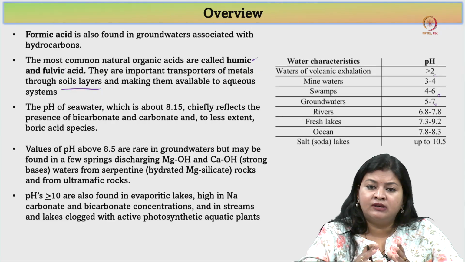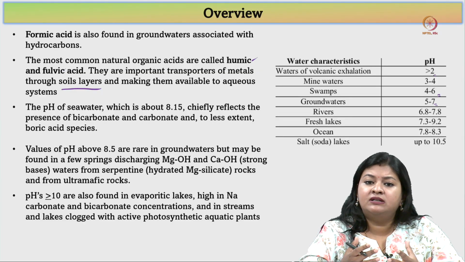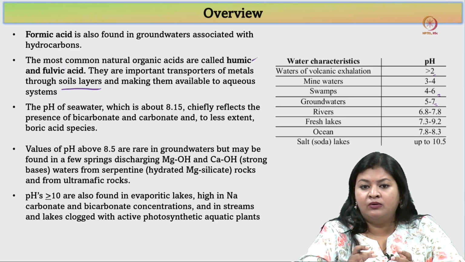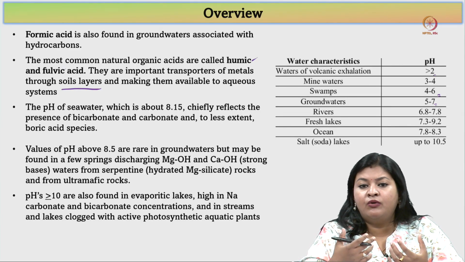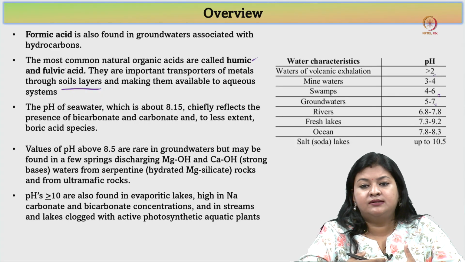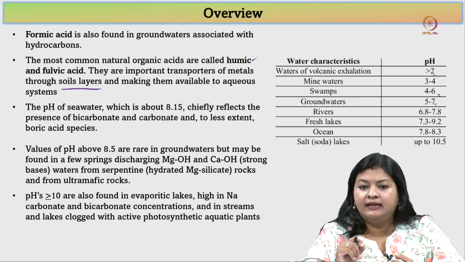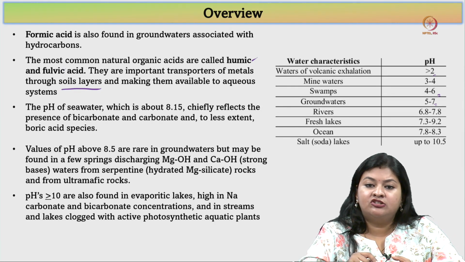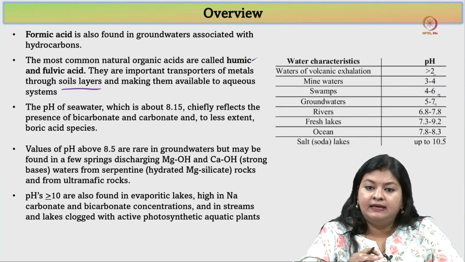For small streams or seasonal streams, it is very easy to change the pH, because the water flow is so less, and the continuous flow of weathering products into the system is less. Therefore, the pH is very susceptible and can easily become acidic. But large rivers and streams generally maintain that pH; it is buffered.